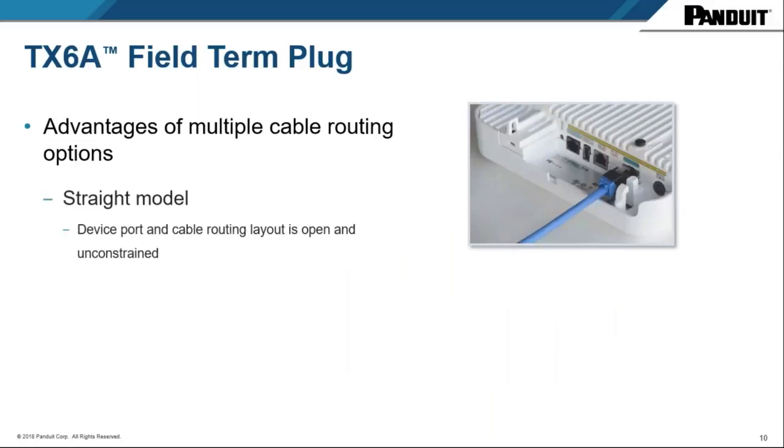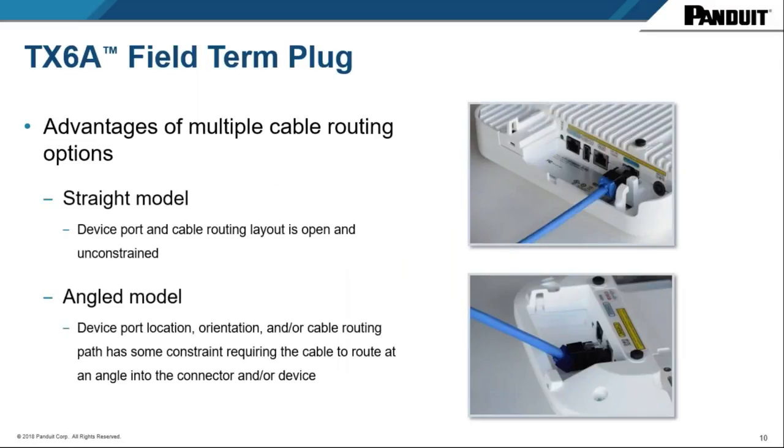So let's look now at what the advantages are of multiple cable routing options and why we've introduced both an angled and a straight model of our field term plug. In the top view, you can see a straight model plug.